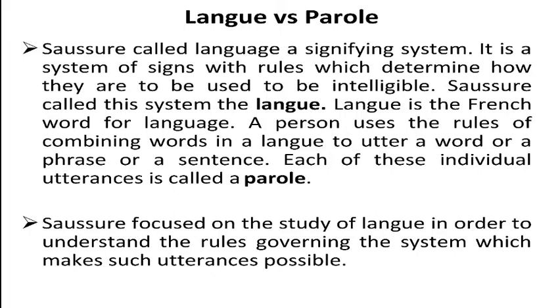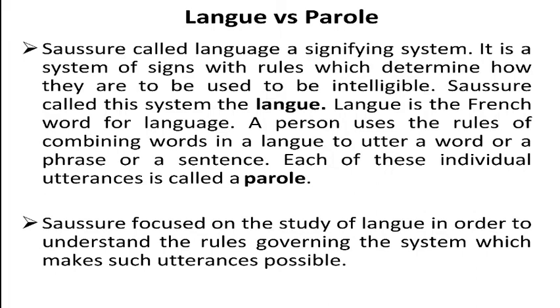If the system of traffic signals is the langue we are considering, then the signs like red light, which means to stop, is a parole. Those who know what each sign represents or how they function, that is the order of red, which stands for stop, yellow, which means you have to wait and get ready, then comes green, go.